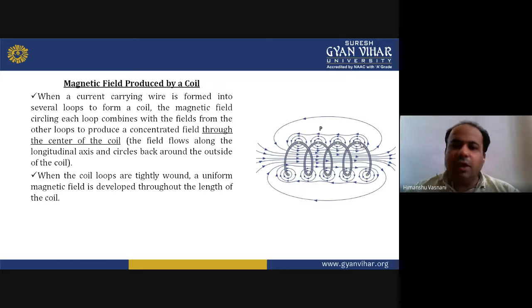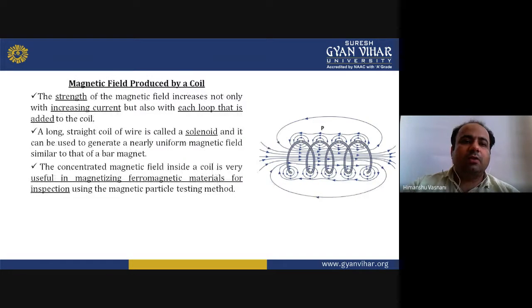When the coil loops are tightly fitted with each other, a uniform magnetic field is developed throughout the length of the coil. You can see the uniformity of the magnetic field in the diagram also. Now, the strength of the magnetic field increases not only with increasing current, but also with each loop that is added to the coil.